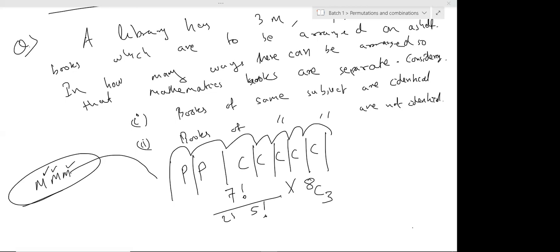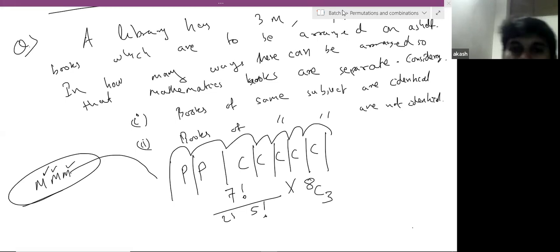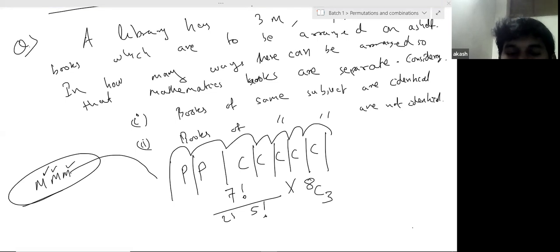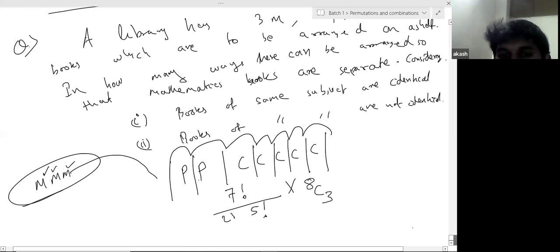Sir, can I explain, sir? Sure. See, in this type of questions, the thing that we need to separate, put them in the later stage. All right. In the first step, I need to arrange all the things that I do not have any conditions for, right? And I can arrange physics books and chemistry books in any way I can. So I arrange them 7 factorial upon 2 factorial, 5 factorial, right?